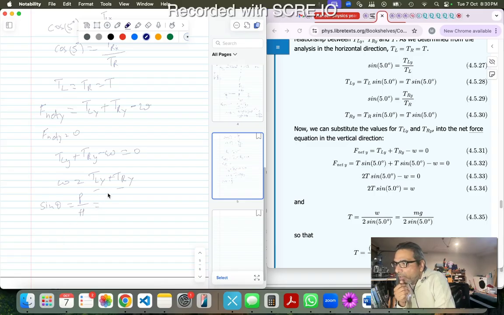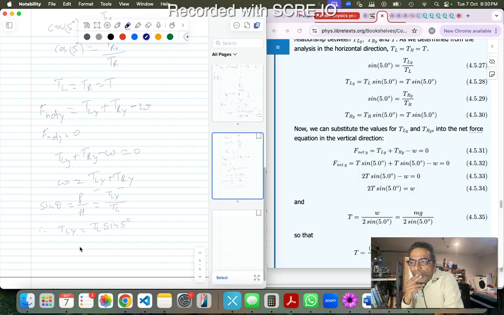Here the perpendicular is TLY, and the hypotenuse is our TL. Therefore, TLY equals TL times sine theta. Theta is 5 degree. Cool. Okay.